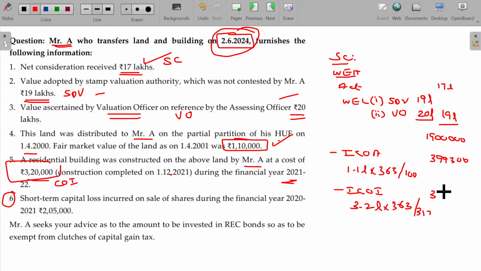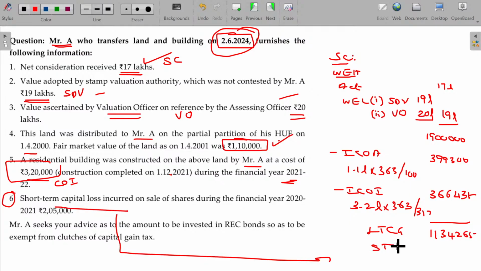So the final value being 3,66,435. If I subtract these two values, the long-term capital gain being 11,34,265. In case of short-term capital loss, you can set off that here. 2,05,000 can be set off. Balance being 9,29,265.